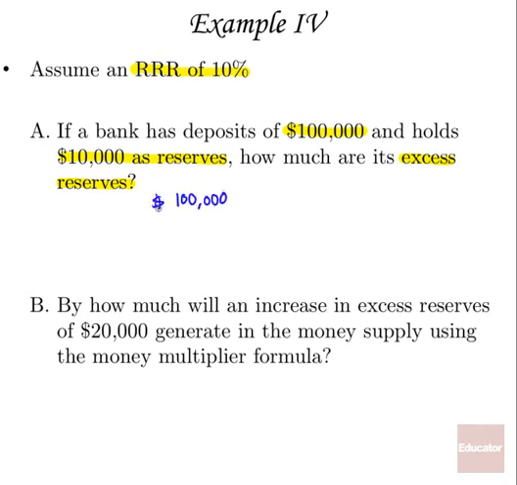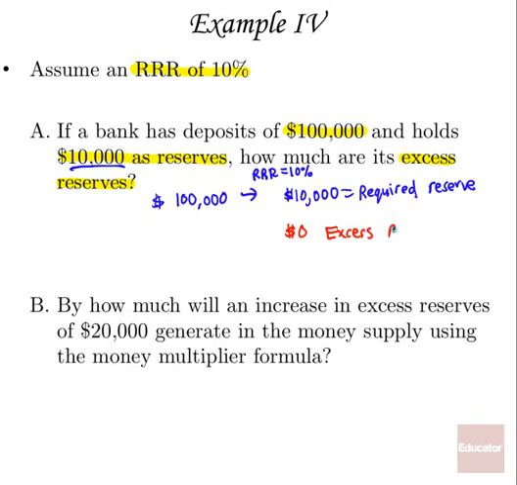Actually, there's no multiplying right here. So if it's $100,000, 10% of that is going to be 10,000. That's the required reserve. So if the RRR equals 10%, the required reserve is going to be $10,000. Well, if the total is 10,000, the excess reserve is zero. So there's no excess reserves.